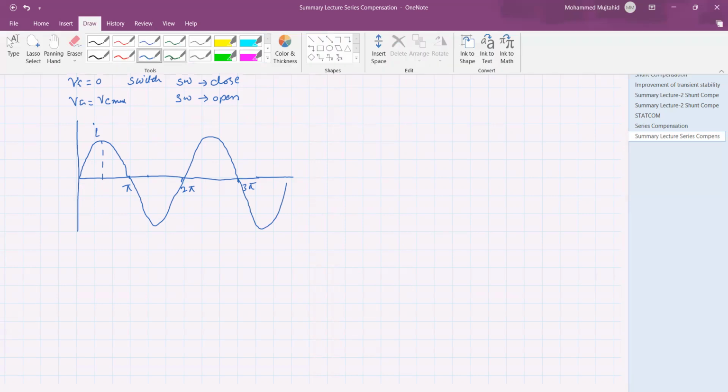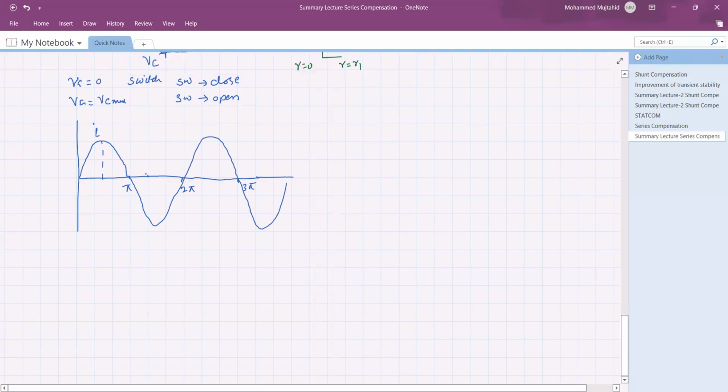So say this is the voltage VC, the voltage across the capacitor, when gamma is equal to 0. But by turn-off delay angle, this is the new value of voltage across capacitor VC, when gamma is equal to gamma 1.